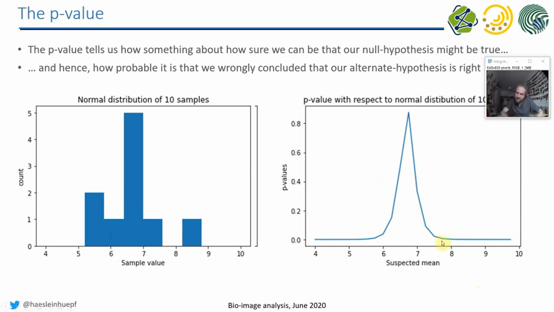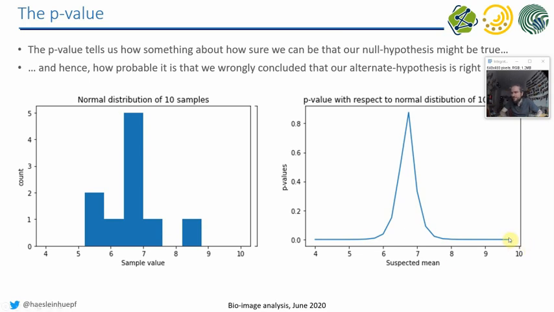The more samples I get from my population, think of the central limit theorem, the more my sample distribution goes towards the distribution of the population. The more I sample, the more I know about my population. So with more samples, I can tell with a higher precision where the mean actually is.